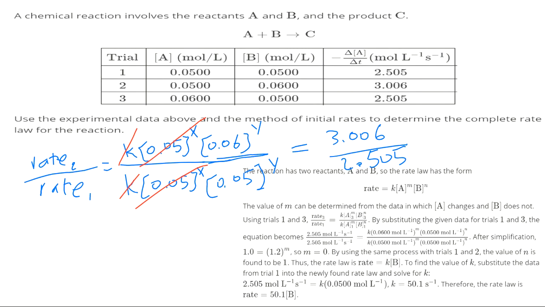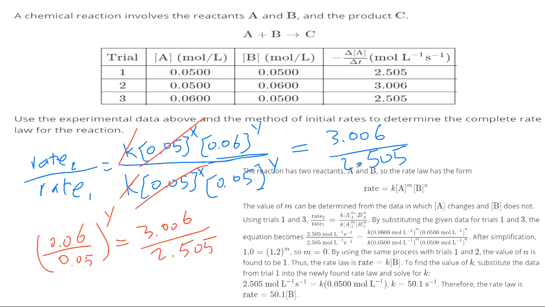Then you are going to find this value. You would say 0.06 over 0.05 to the power of y equals 3.006 over 2.505.